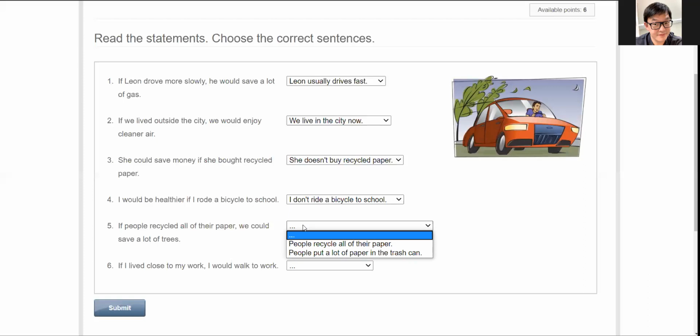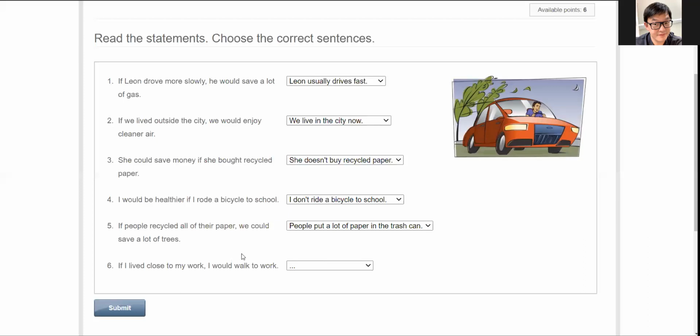People put a lot of paper in the trash can. Okay. The correct answer is, people put a lot of paper in the trash can. Letter B.